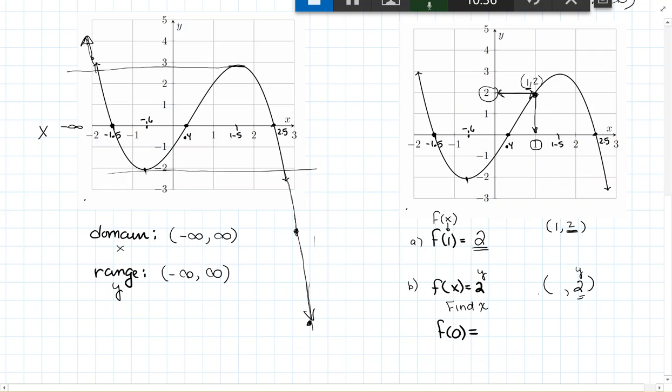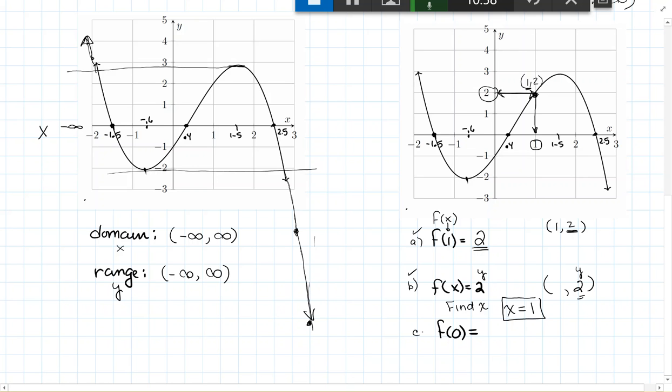And again, it's 1. So our x has to be the number 1. So these are actually the same point. It's just a different way of asking the question. First they ask you, what's the y in this first problem? And then in the second problem they're asking you, what's the x?